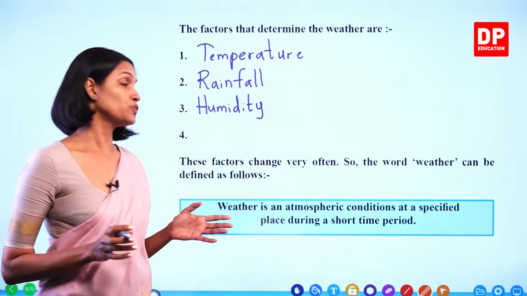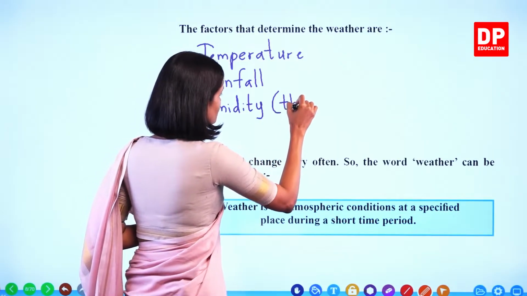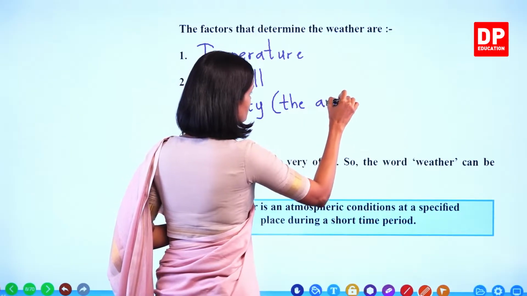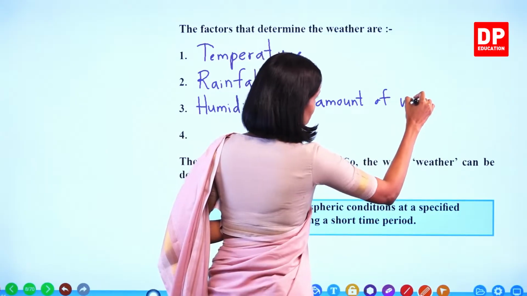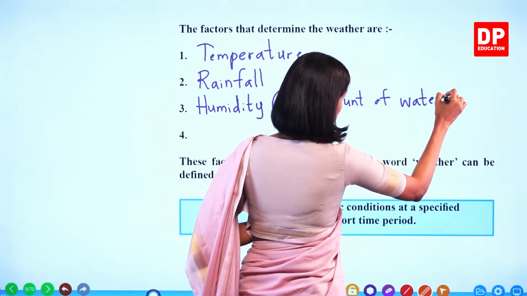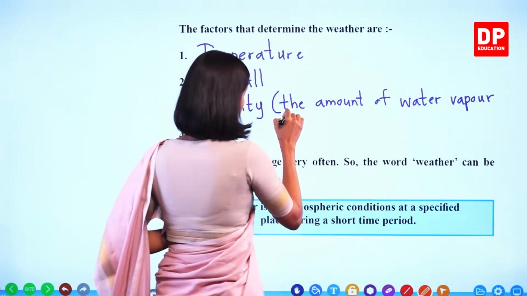Write humidity. What is humidity again? Let's write. The amount of water vapor or gaseous water vapor in the atmosphere.